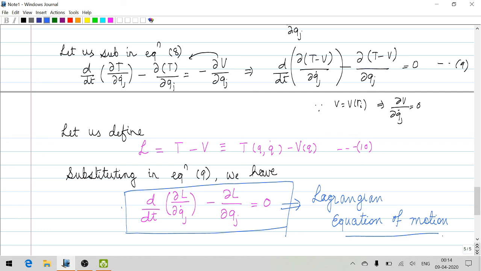So this is where I will stop for the day. But what I would like all of you to appreciate here is that in Newtonian mechanics, life was very difficult because it was a force equation. Force is a vector quantity, it has a magnitude and it has a direction as well.